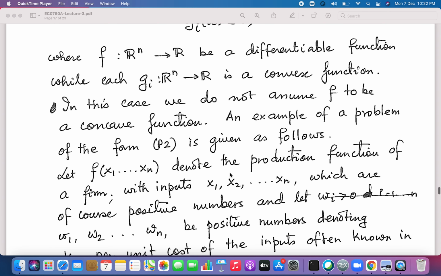So there is a notion called the production function. It tells you that if you give me the input x1, x2, x3, ..., xn, this is the input that you give. For making the first quantity, you give an input x1. For making the second quantity, you give the input x2. So this is the amount of raw material, labor, capital, whatever you have given as input.